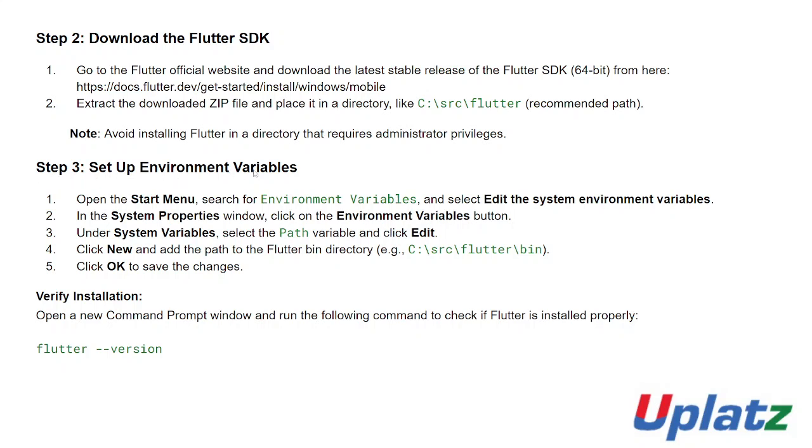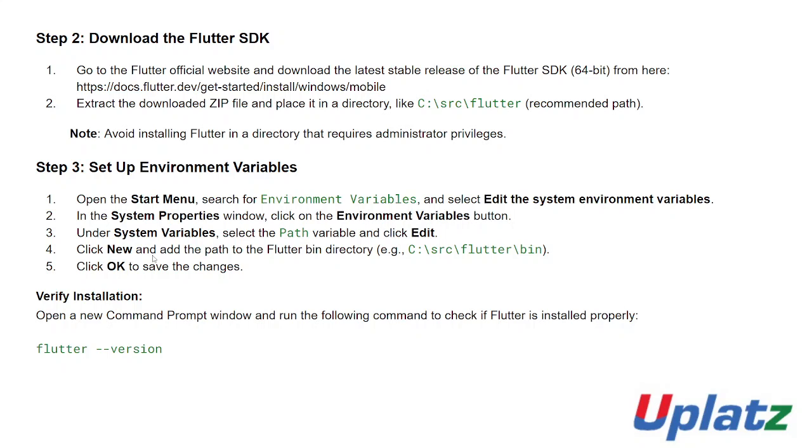Step 3. Set up environment variables. Open the Start menu, search for environment variables and select Edit the System Environment Variables. In the System Properties window, click on the Environment Variables button. Under System Variables, select the path variable and click Edit.